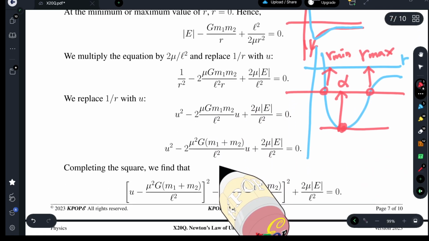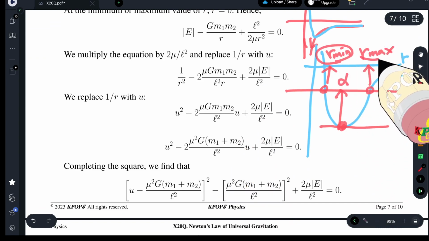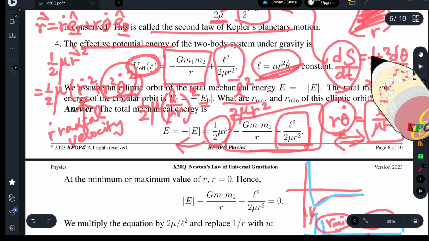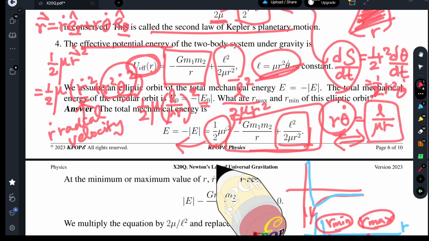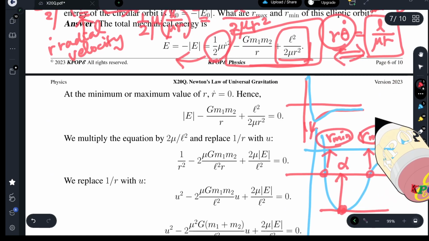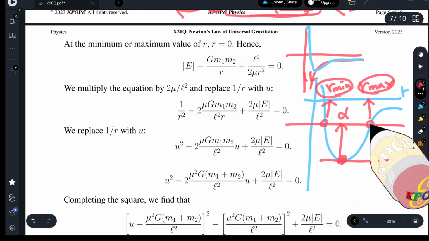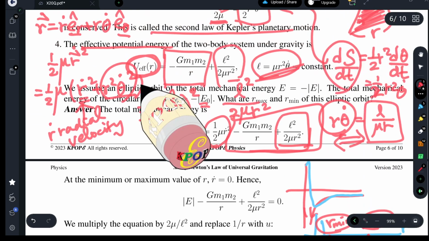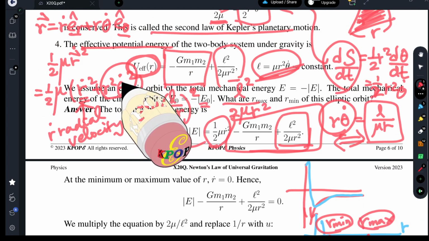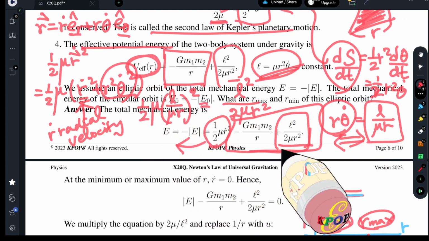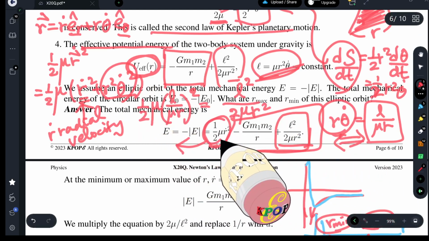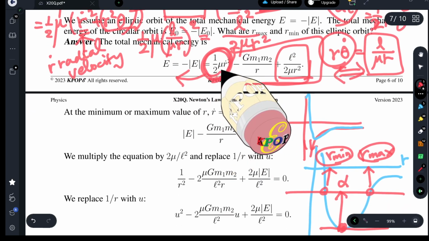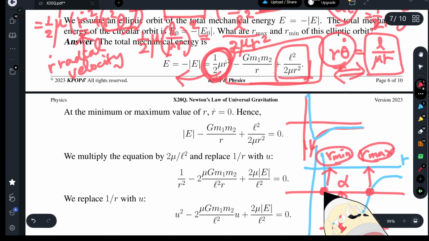Okay, so now we would like to determine the range of the radius allowed by Newton's gravitational force. We remember this effective potential energy determines the total mechanical energy. And in here, aha, these are turning points.